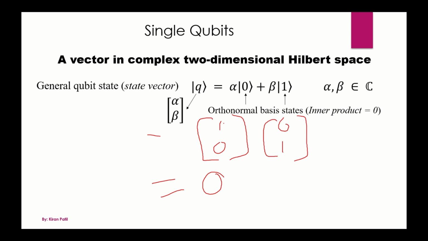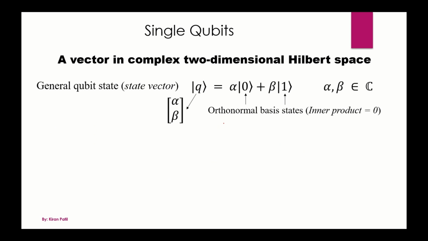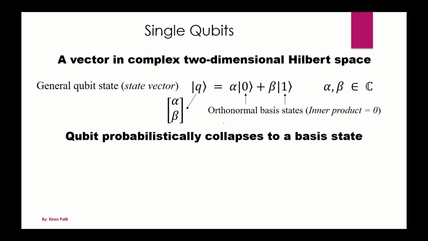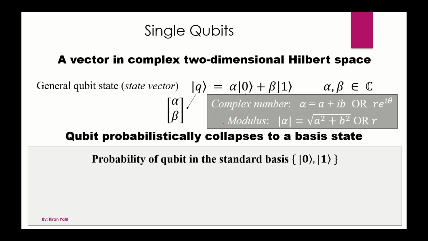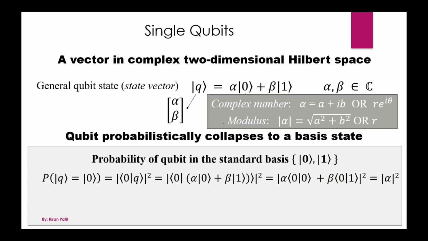Then what is q? So q is a column vector of alpha beta, that is a column matrix alpha beta. The qubit probabilities collapse to the basis states. Now we have already learned the Born rule, so we will quickly revise that.